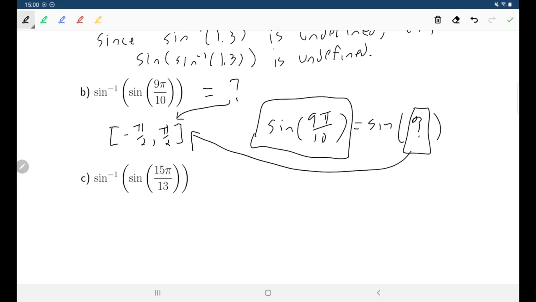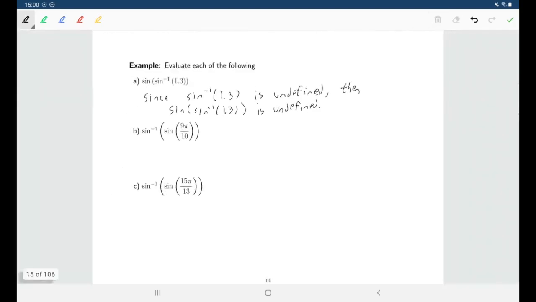Let's first start out by figuring out where is 9 pi over 10. And if you were to figure this out, you'd find that 9 pi over 10 happens to be in quadrant 2. And you know that because, of course, pi radians, or 180 degrees, is the same thing as 10 pi over 10, or pi.